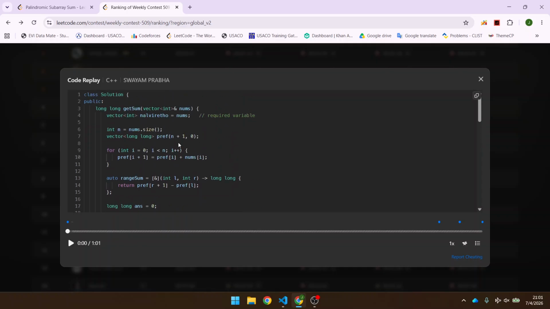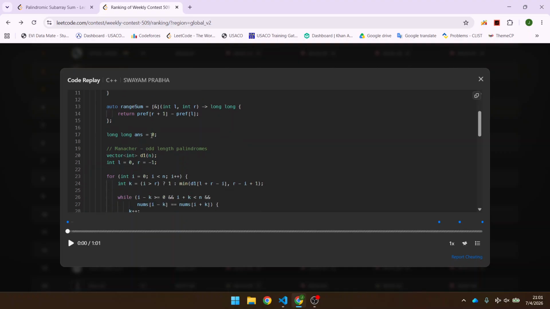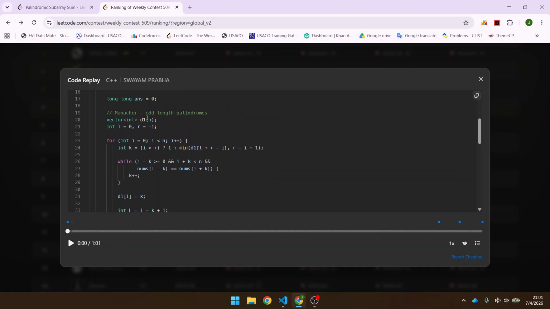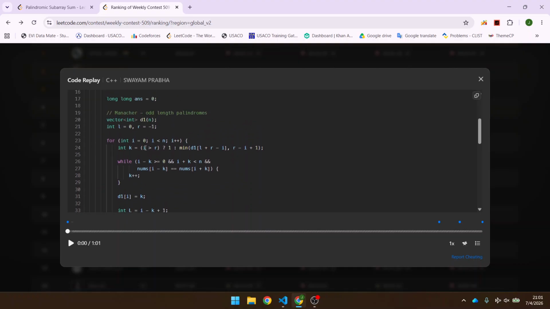Okay, this one's much more intuitive because it's written by AI. But prefix range sum, so the sum of this range. For odd length, right? We have d1, okay. l is 0, r is -1, so I guess this is the range. For i is 0, i is smaller than n, i plus plus. int k is, if i is greater than r, it's 1.